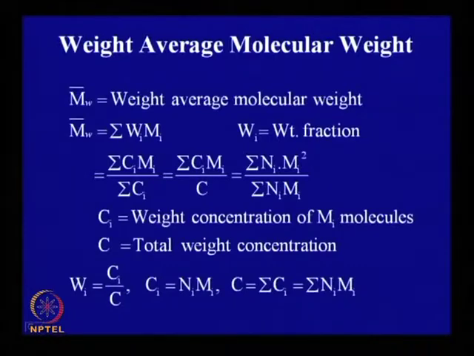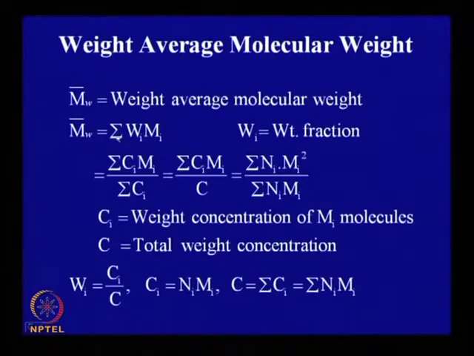By dissolving the polymer in a solvent, you will get a polymer solution. Then by solvent programming you can isolate several fractions having molecules of different sizes or different molecular weights. From there you can calculate this weight average molecular weight.